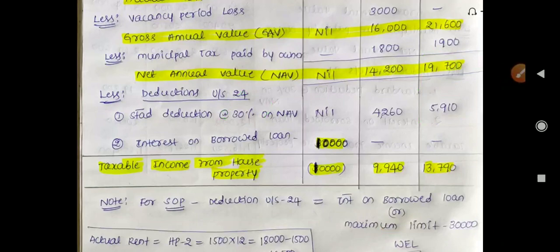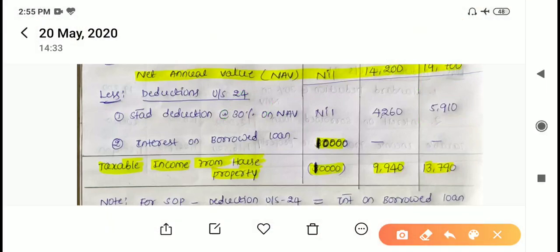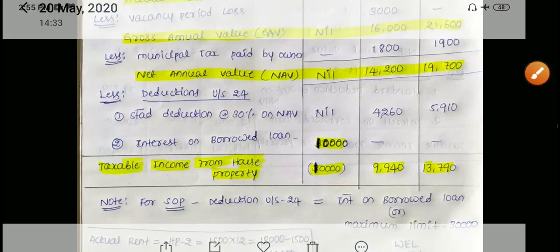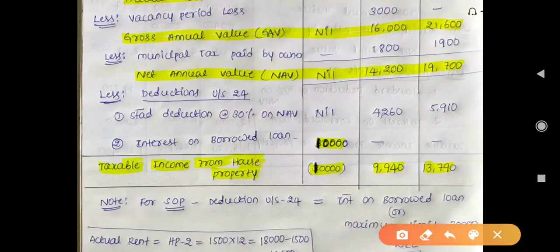And next, if you deduct this amount of deductions under section 24, you will get the taxable income from house property. For house property 2, minus 10,000, because only the deduction is allowed. Deduction of 10,000 is allowed, so that is a minus amount. For house property 3, 9,940 is the income. And for house property 4, 13,790 is the income.